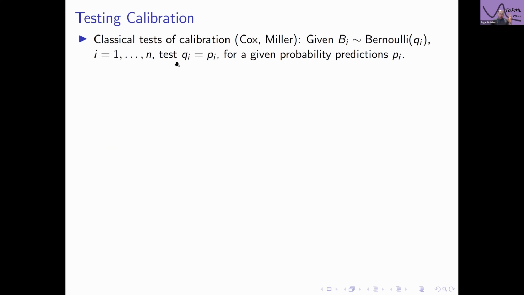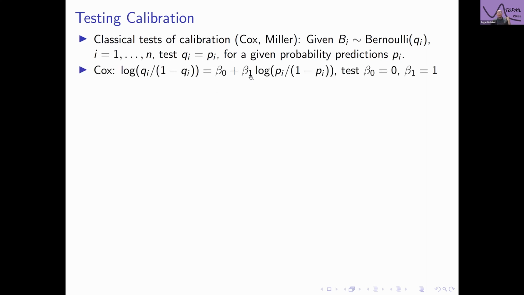And the most general setting is that we would want to test that the q_i are equal to some given and fixed probability predictions p_i. So p_i is the prediction that I give for, let's say, rain happening tomorrow, or the prediction that the neural net gives for this image belonging to a certain class. And then we want to test that those are reasonable.